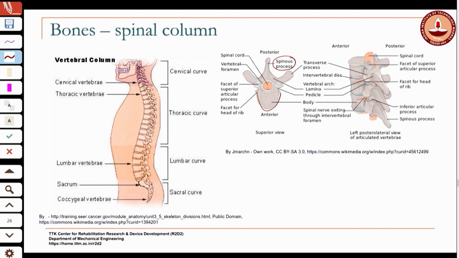The spinal cord is basically the pathway for your nervous system; everything goes through the spinal cord. So, it is a very important part for normal functioning, and that is protected by these vertebrae. The vertebrae protect the spinal cord in the spinal column.